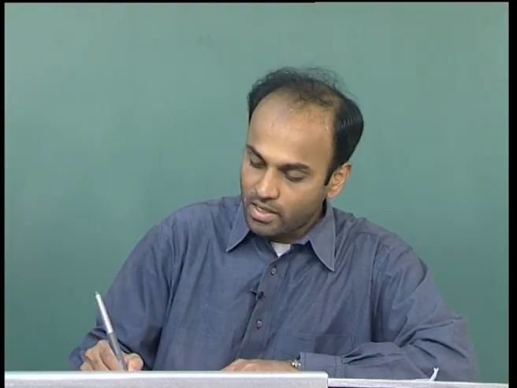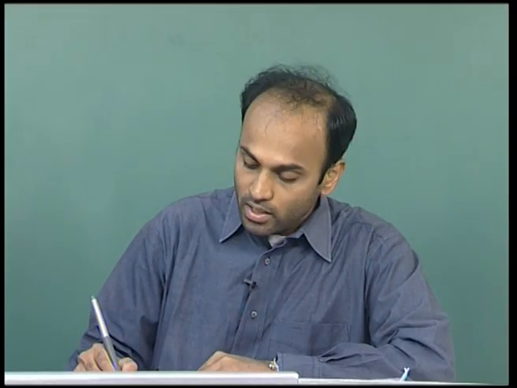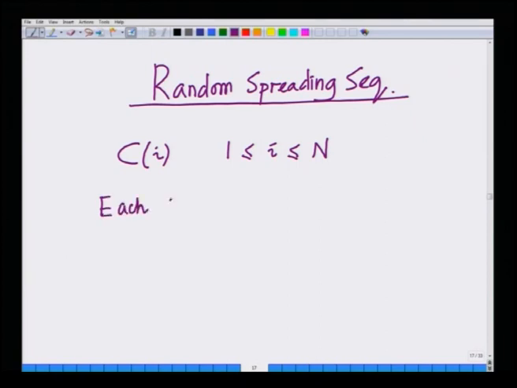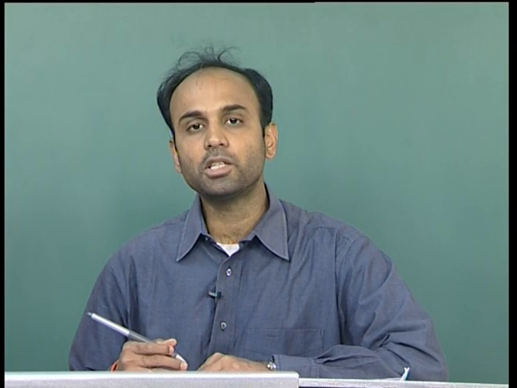A random sequence Ci for 1 less than or equal to i less than or equal to n, that is, I am considering a total of n such chips such that each Ci is +1 or -1 with probability half.